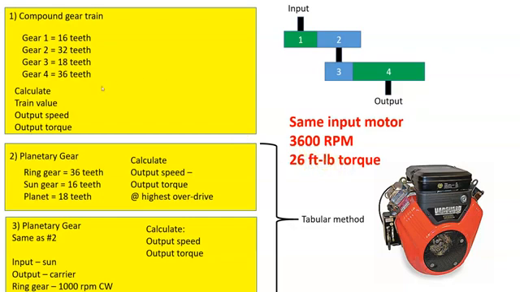For problem number 1, you had to calculate the train value, the output speed, and the output torque. For problems number 2 and 3, you had to calculate the output speed and the output torque at the highest overdrive. And for number 3, again, output speed and output torque. So let's walk through these.